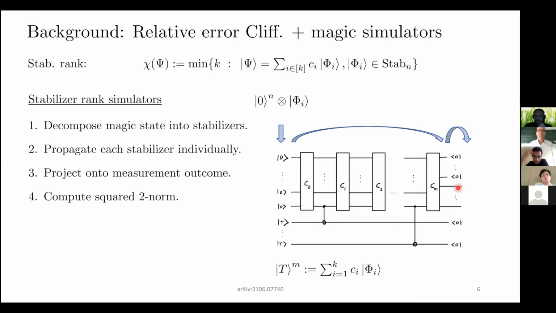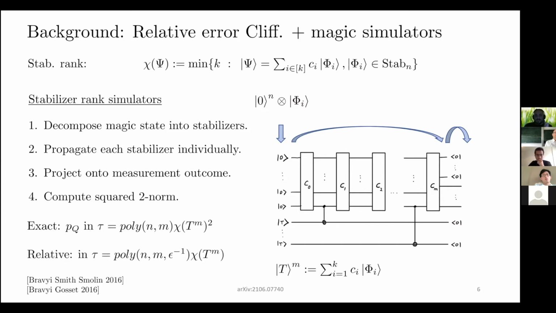What we're left with is a state on the register here, the part that hasn't been post-selected, and we want to compute the squared 2 norm of this state, and there's a way to do that. There's an exact algorithm that exactly computes the squared 2 norm, and so it produces an exact computation of the Born probability. That's courtesy of Bravyi-Smith-Smolin, 2016. It does this in a runtime that's polynomial in the number of qubits and the number of magic states, but quadratic in the stabilizer rank.